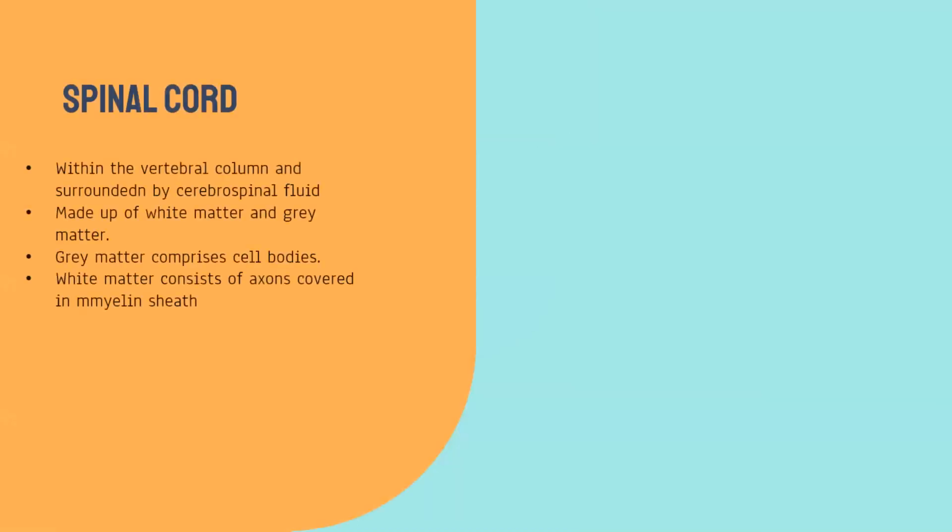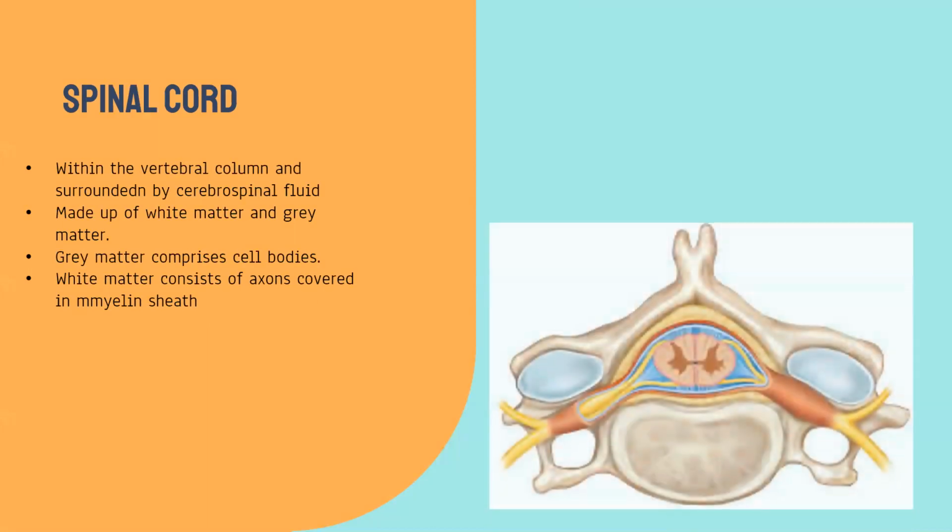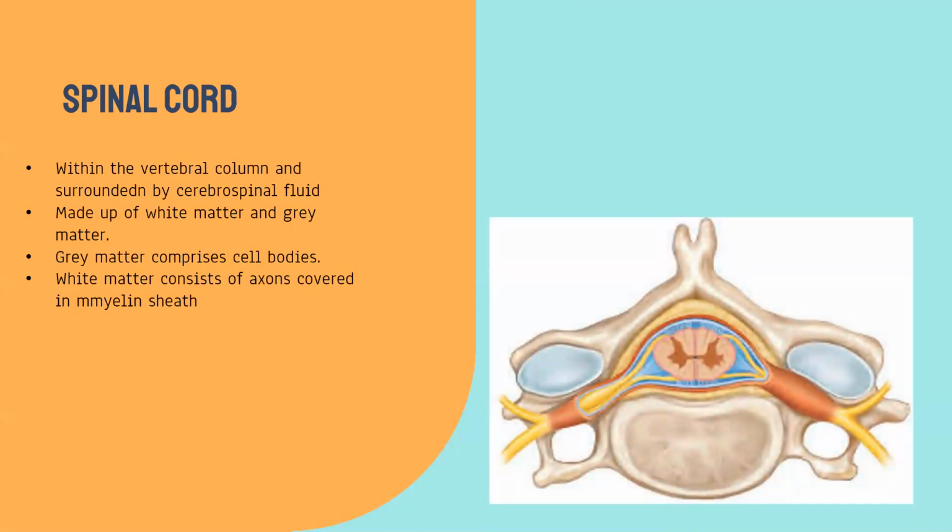This is about the brain. So next we go to the spinal cord. Where is the location of the spinal cord? The spinal cord is located in our backbone. The spinal cord actually contains gray matter and also white matter. So let me show you here. This part is the spinal cord.